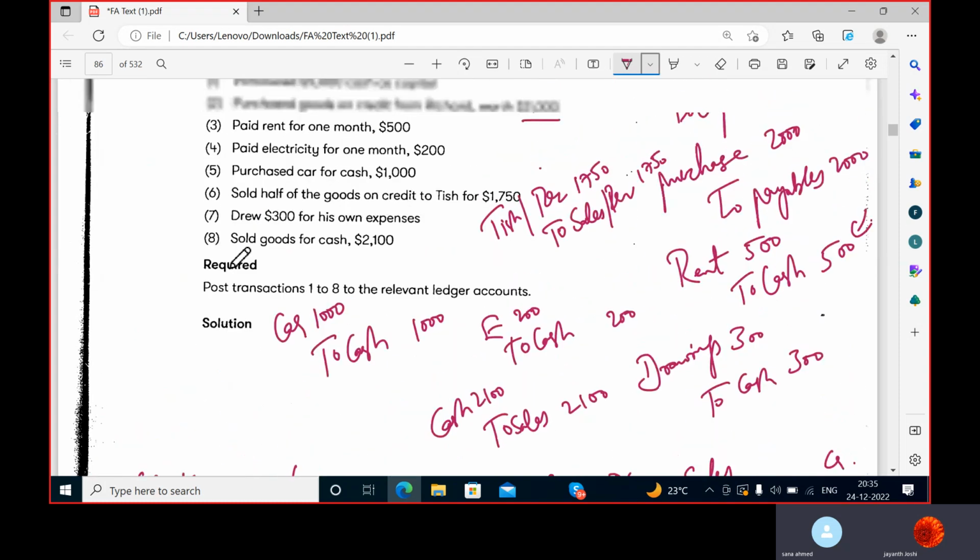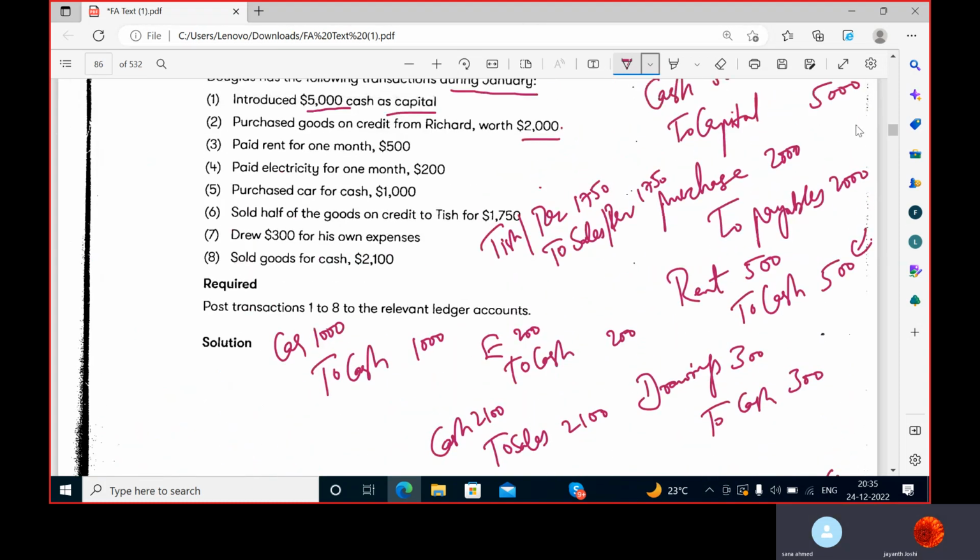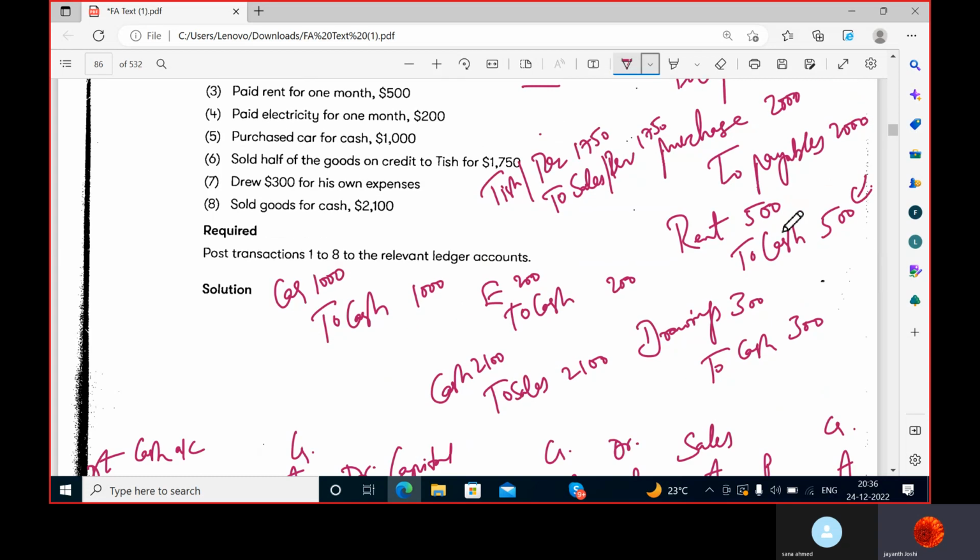Payables is a liability. Am I right? Yes, sir. And when I write liability in the credit, it means increase in liability, correct? So increase in liability is what, Fatima, credit or debit? Credit. Increase in liability is a credit. That's why it is in credit. So I'll write purchase in payables as increase in liability.